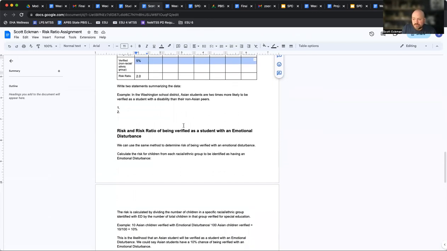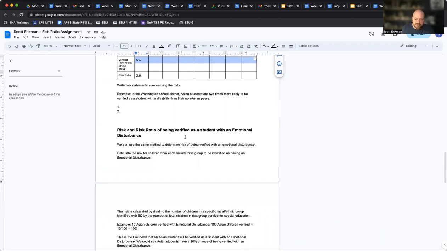Then we're going to do risk and risk ratio of being verified as just a student with an emotional disturbance. This is going to be the exact same method, but we're changing our denominator. We're changing our total. So instead of total enrolled, we're going to look at total verified.